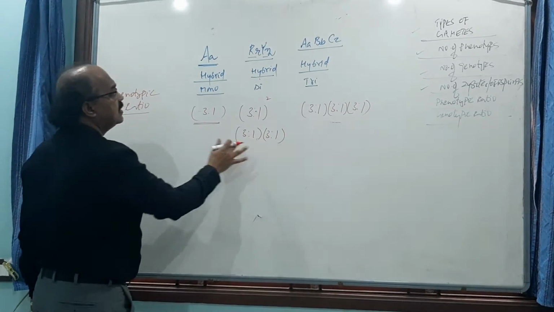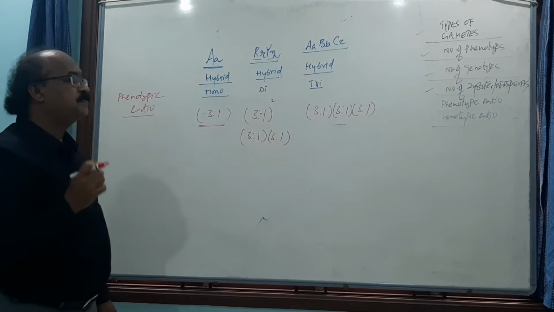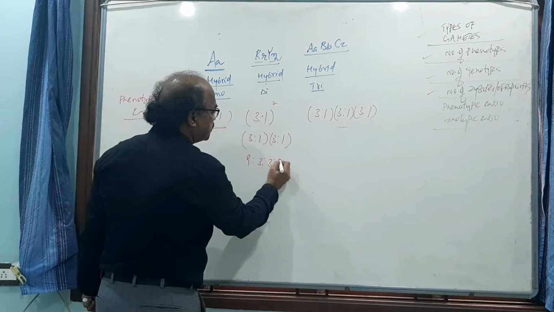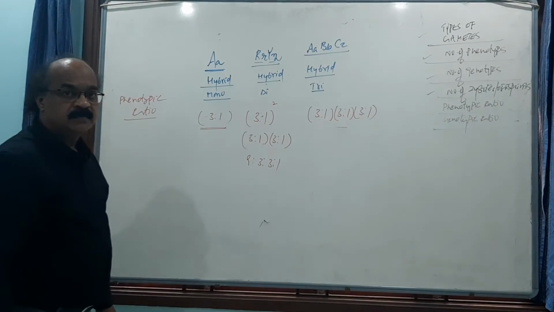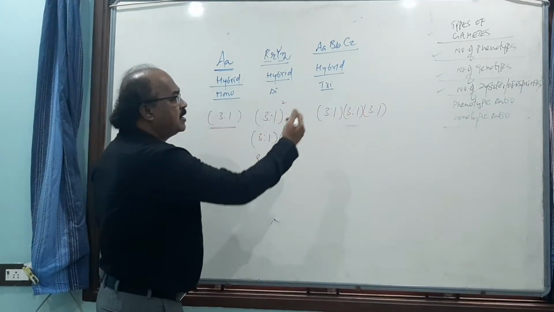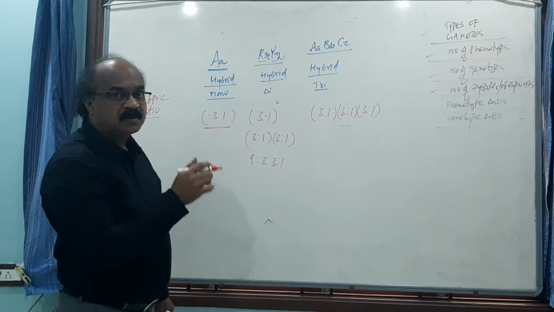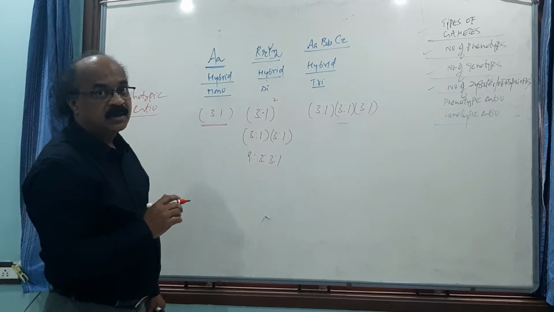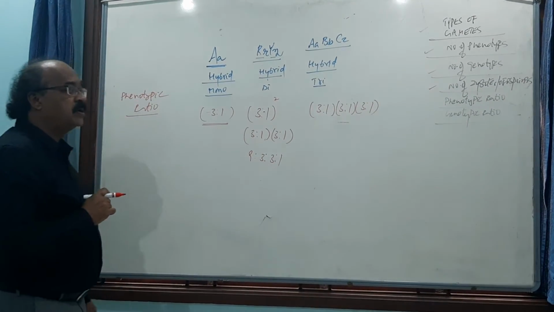That comes to 9:3:3:1. Coming to the trihybrid cross, 3:1 into 3:1 into 3:1, and so on and so forth, for the calculation of phenotypic ratio.